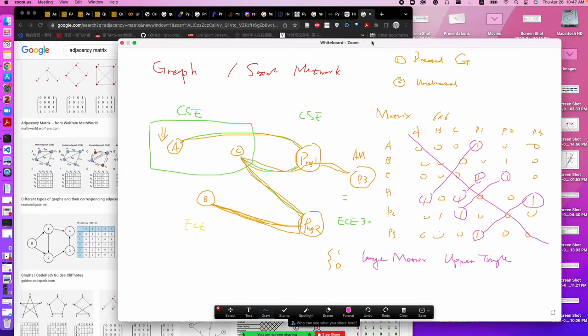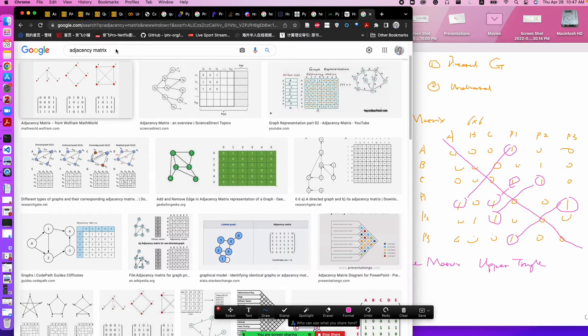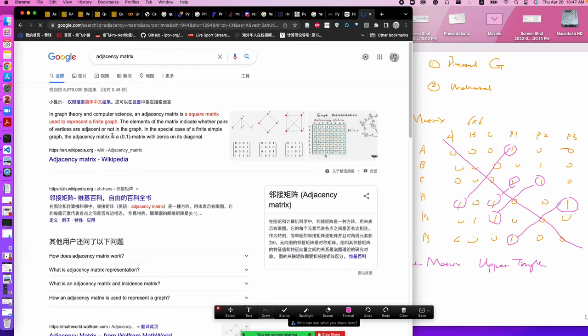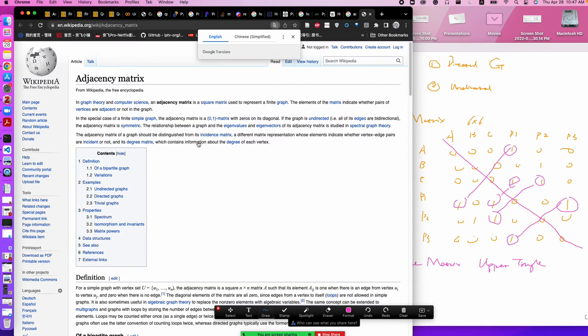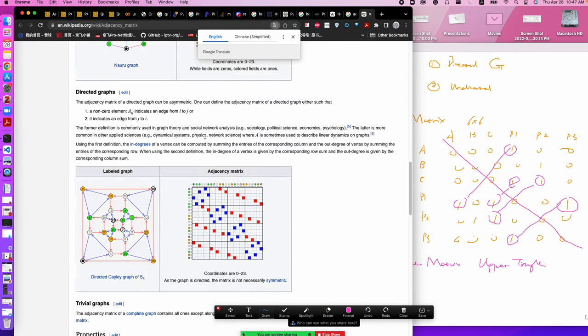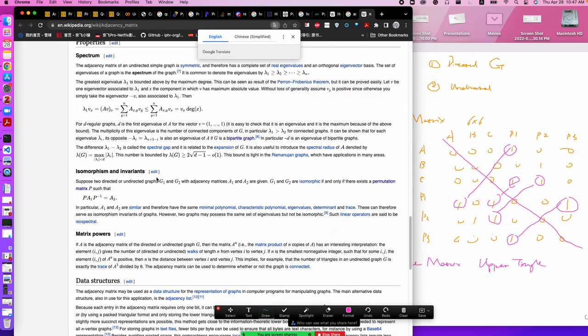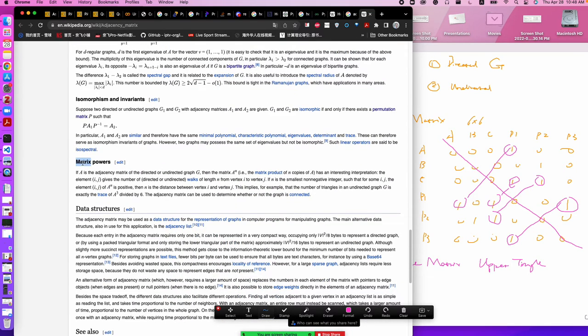Just by using the term adjacency matrix in Wikipedia, I guess, here we have a matrix power. Here are the properties of matrix powers. So let's just read this description.